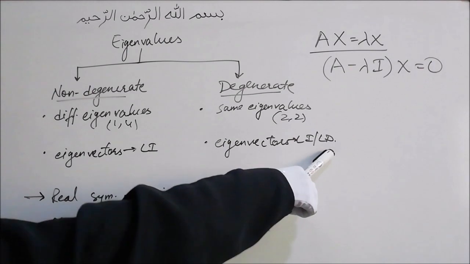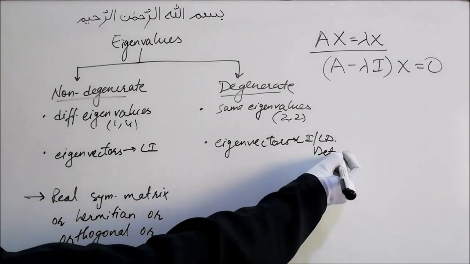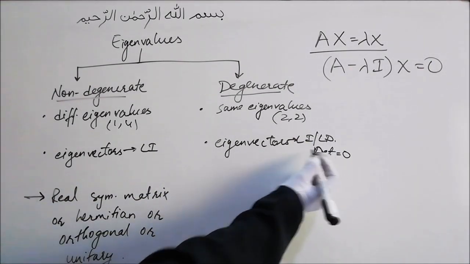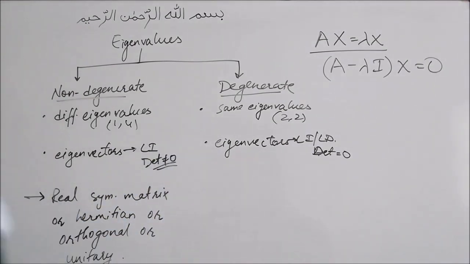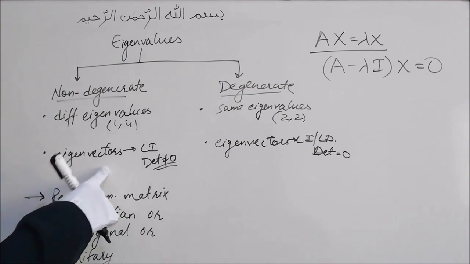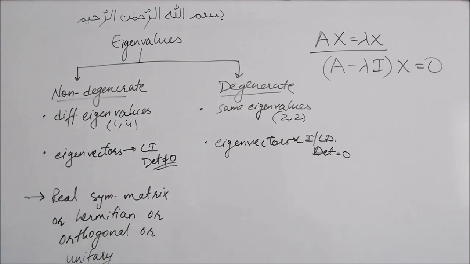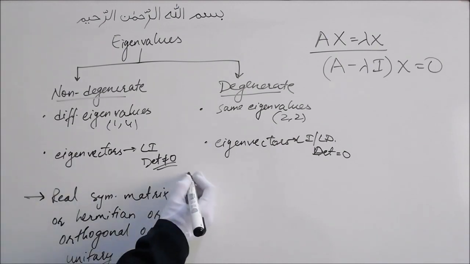If they are linearly dependent, then the determinant will be equal to 0. But if they are linearly independent, then the determinant will not be equal to 0. And if the eigenvectors are linearly independent, then these eigenvectors form a basis.